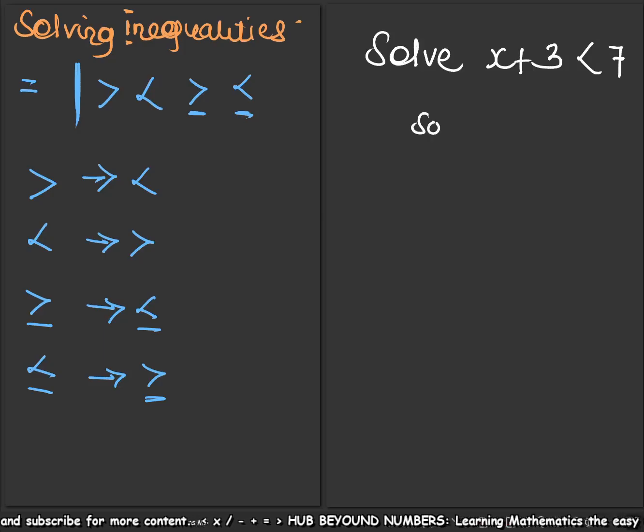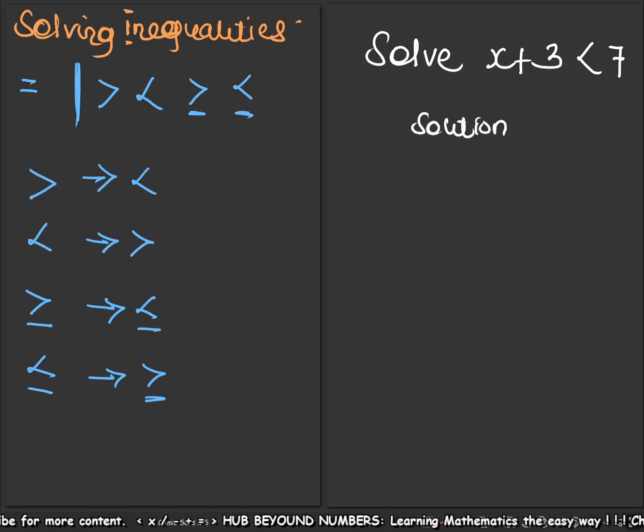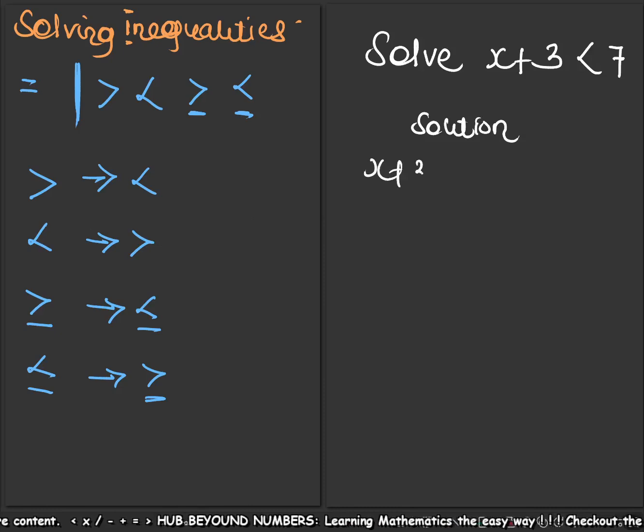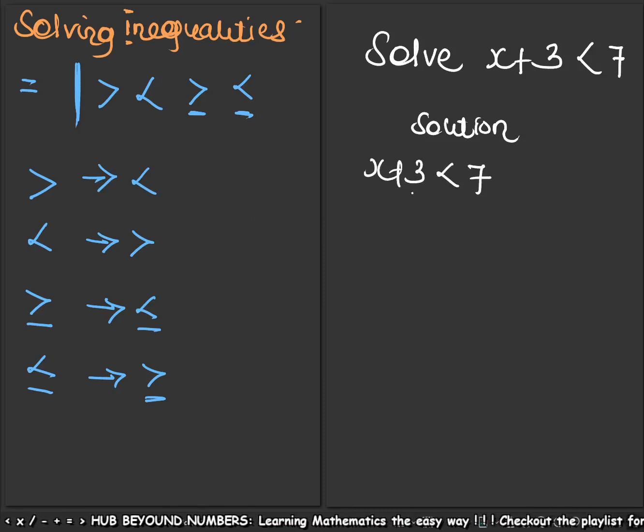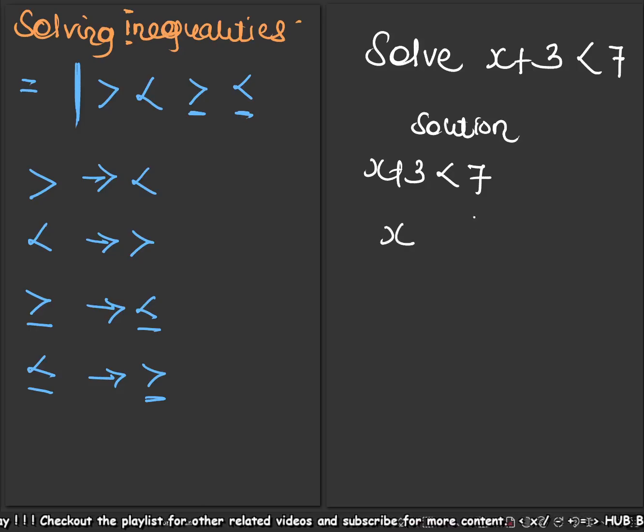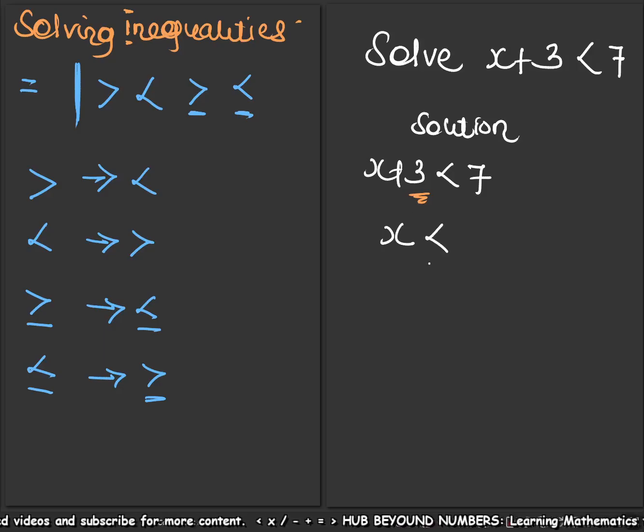In our first question, it says if x plus 3 is less than 7, we have to solve for the value of x. Just as I said, we solve it as an equation, using the same steps. We want to make x the subject. We have our x, and we move this 3 to the other side, maintaining our inequality symbol, less than.